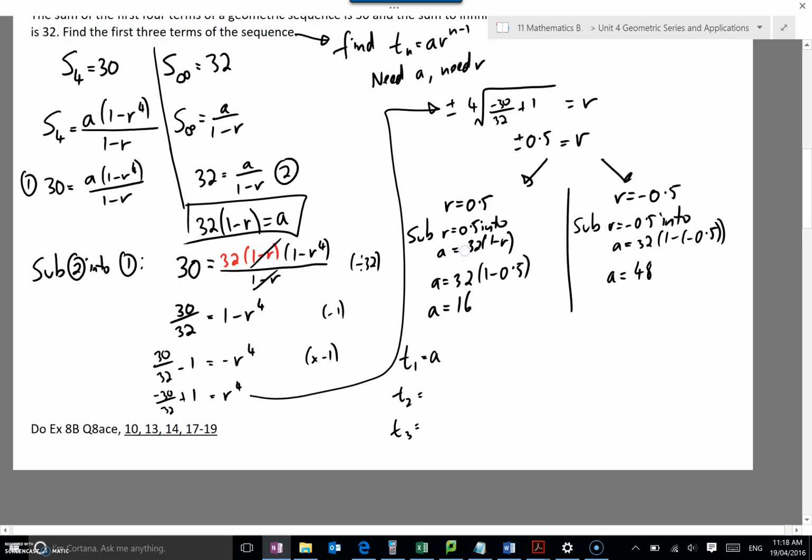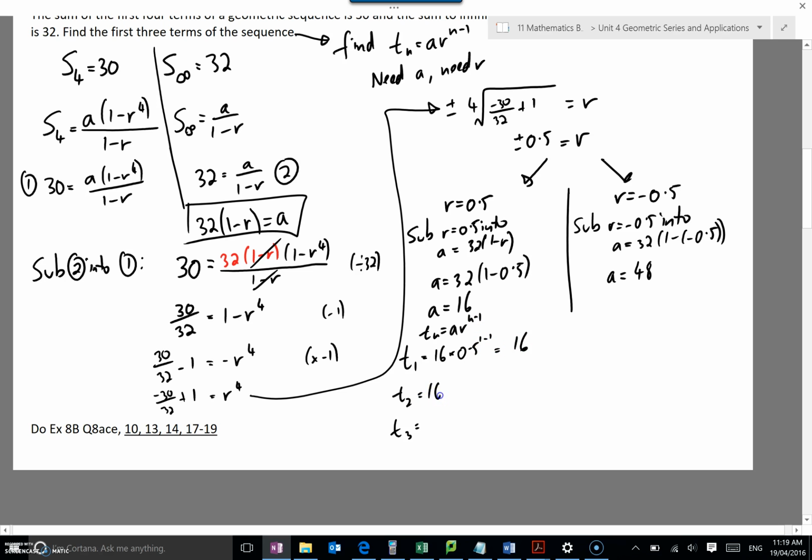I'll write the formula up here: Tn equals a r to the power n minus 1. And I'll sub in a and r. So for T1, I know it's going to be 16. So it'll be 16 times 0.5 to the power 1 minus 1. I'll end up with 16.